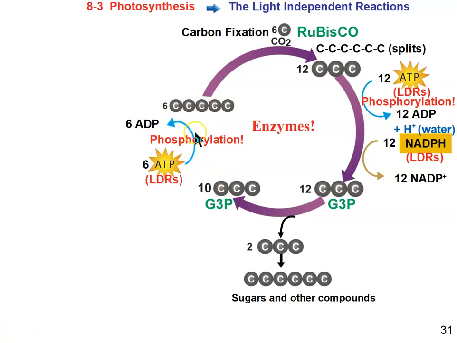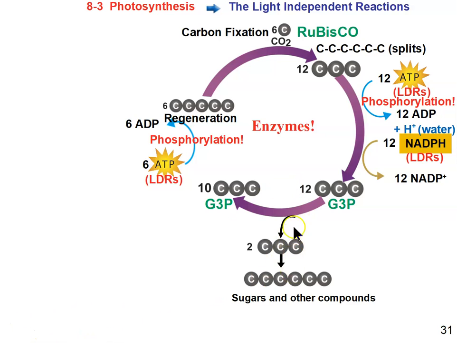So this part of the cycle is referred to as regeneration, because the whole reason for using ATP here is to regenerate the compound that's necessary for Rubisco to be able to add a carbon to and continue the cycle. So this compound, ribulose bisphosphate, is really important to the cycle, because without it, ribulose bisphosphate carboxylase won't have anything to add carbon to. And that completes the cycle.